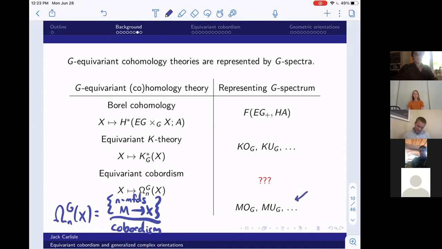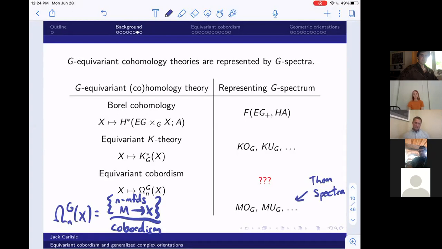And we can also construct equivariant analogs of these so-called Thom spectra. These are the spectra which we expect to represent cobordism of manifolds. These spectra do represent cobordism of manifolds in the non-equivariant case. But the problem is that these two things actually don't match up. It is not the case that MOG is the spectrum which represents cobordism of G manifolds.